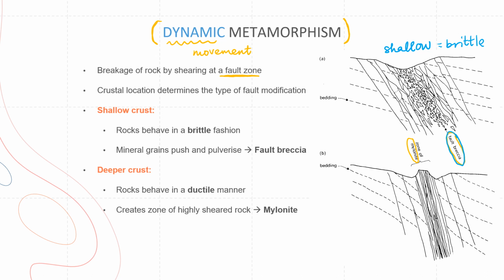So you can see here that everything's broken in a brittle manner. And the next one, if it was in a deeper part of the crust, so deeper crust, the rocks would behave in a more ductile manner. So this creates zones of highly sheared rock. So deeper, be ductile, and here you will find mylonite.